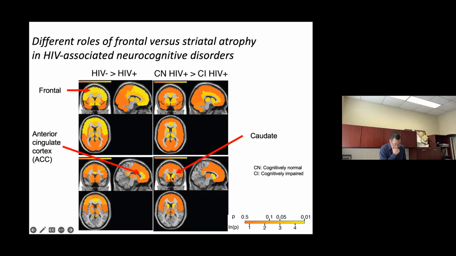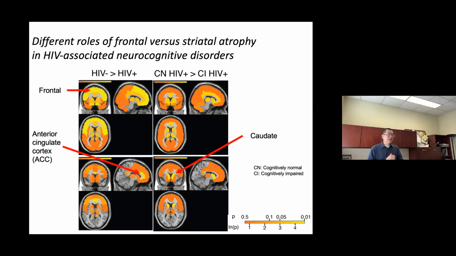This has some really interesting implications, because we know before antiretroviral therapies were available, like before cART, in the 1990s or early 2000s, the profile of injury was mostly associated with the subcortical region. Back then, for a person with HAND or without cART treatment, by and large the behavioral impairment was associated with the basal ganglia and subcortical region.